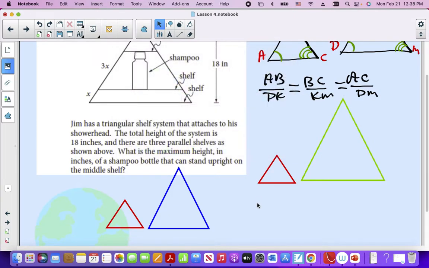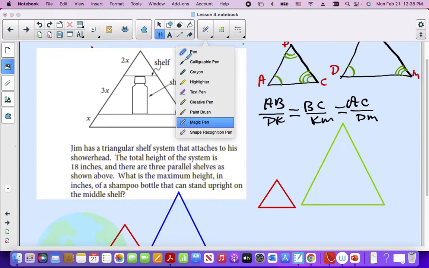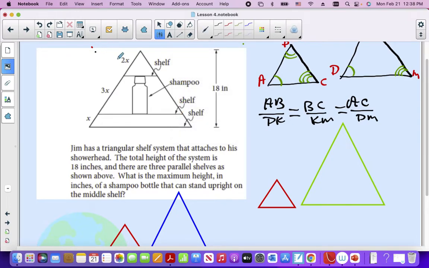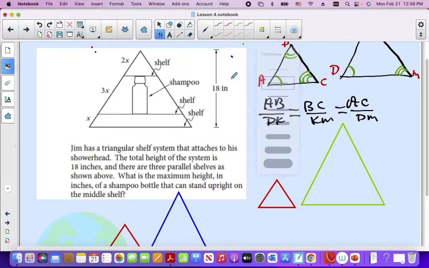All right. By looking at the question, I'm going to call the height of each one. This is the small height, HS, and this is the large height, HL.